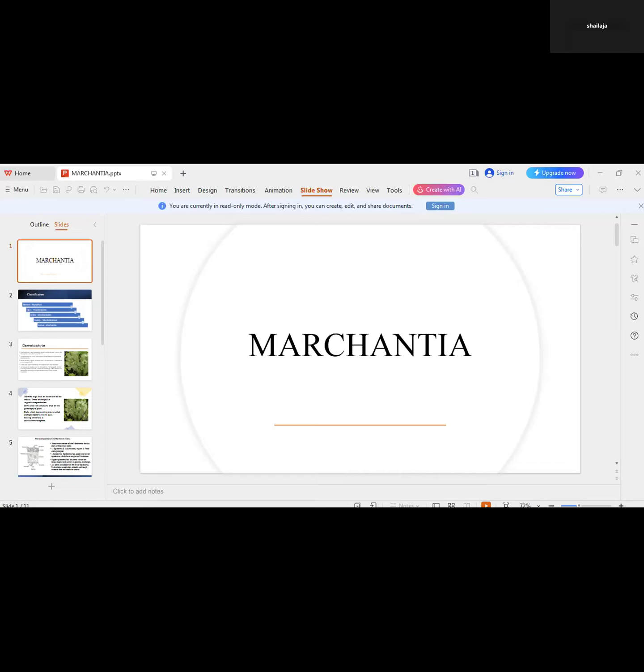This is the classification of Marchantia: division Bryophyta, class Hepaticopsida, order Marchantiales, family Marchantiaceae, genus Marchantia. Out of these three orders, today we are going to discuss the order Marchantiales. Marchantia belongs to order Marchantiales.